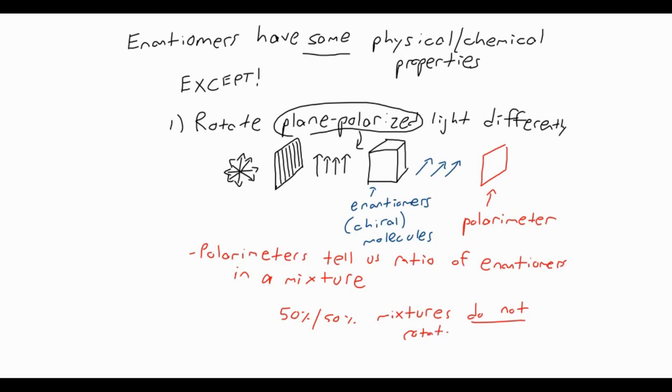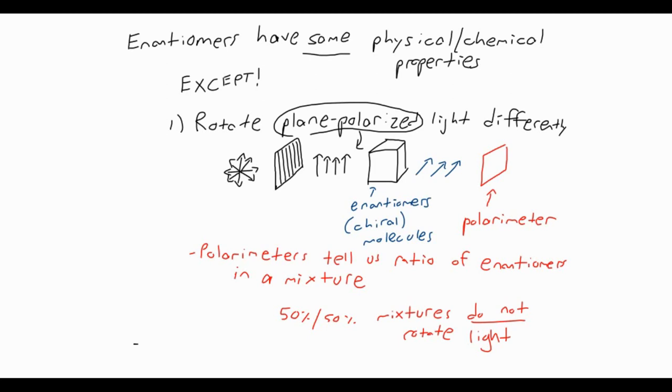That's important because one enantiomer will rotate light in one direction, say clockwise for example, and the other enantiomer will rotate light the same amount, but in the other direction, maybe counterclockwise. So if you have 50% of each enantiomer, you will not get any net rotation of that light. Like I said, I'm not going to go into too much detail about how this really happens, but it's important to understand how we measure the ratio of enantiomers in certain mixtures.